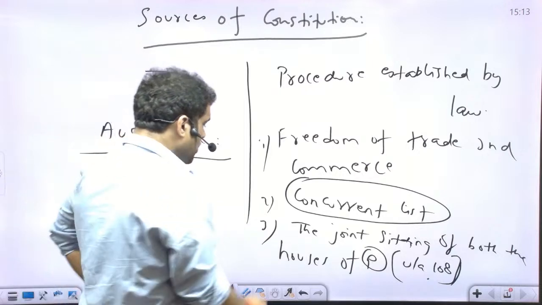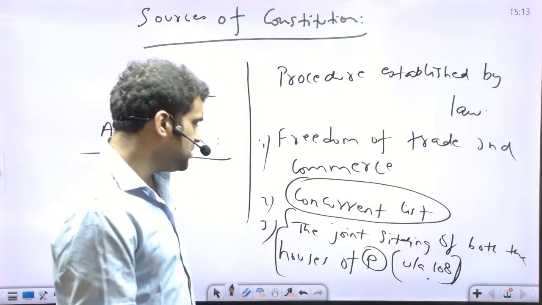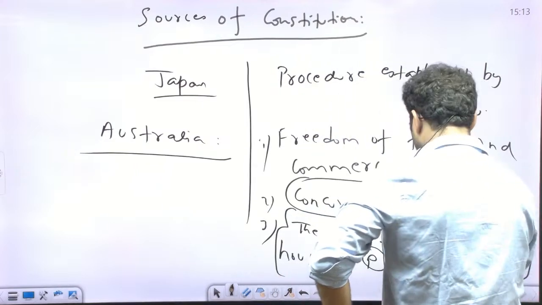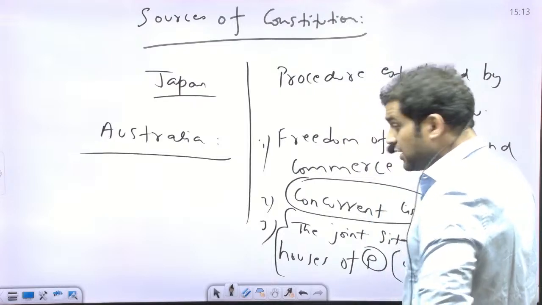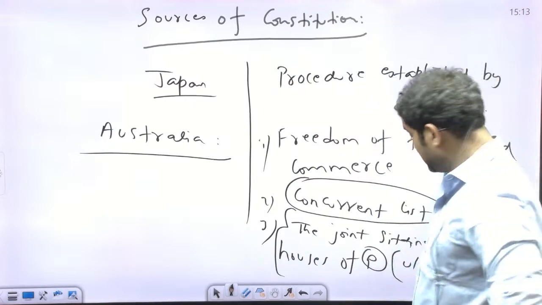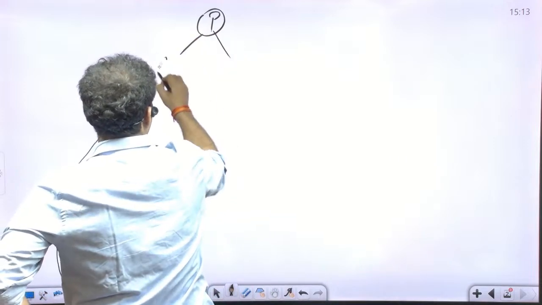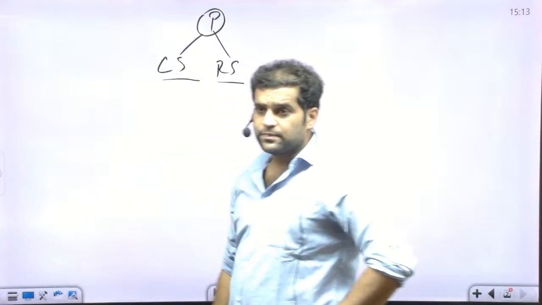The joint sitting of both the houses. What does it mean? What do you mean by the joint sitting? See, we already know that parliament consists of Lok Sabha and Raj Sabha, right? Yes or no?